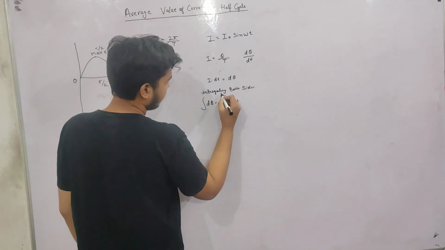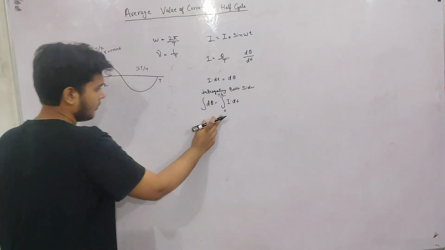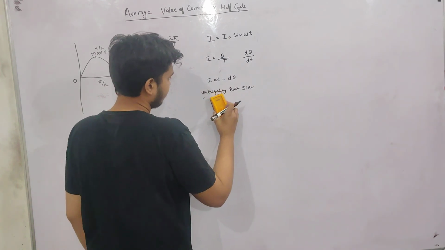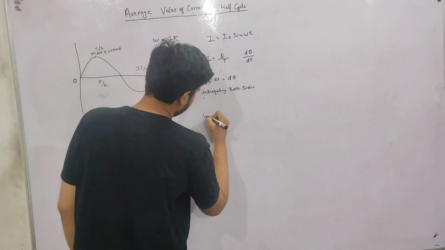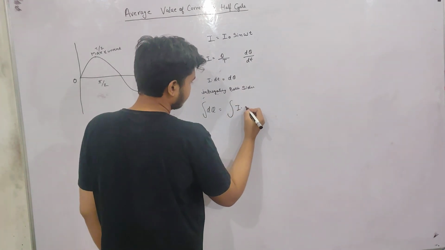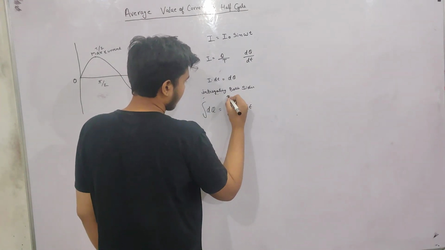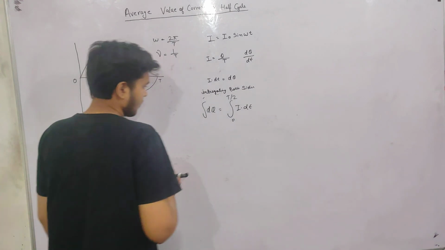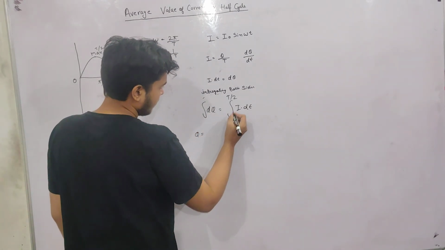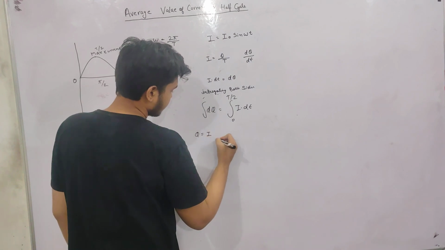For half cycle we go from 0 to T by 2, upper limit T by 2, lower limit 0. Integrating dq we get q, and I is constant.